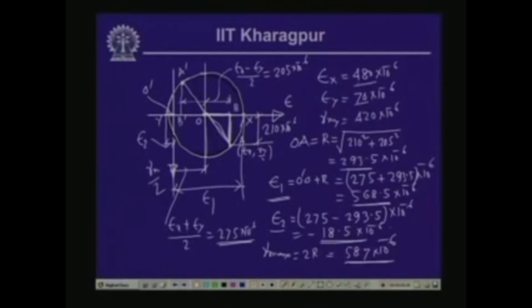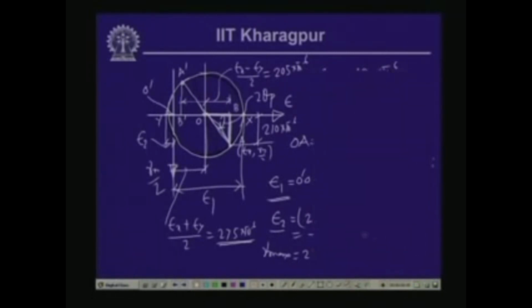Now, since this is the point of the maximum principal strain, the angle from the reference point is this, which is 2 theta p. Now, let us see what the value of 2 theta p is.